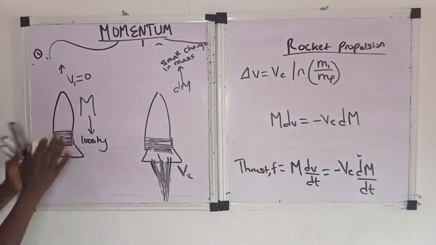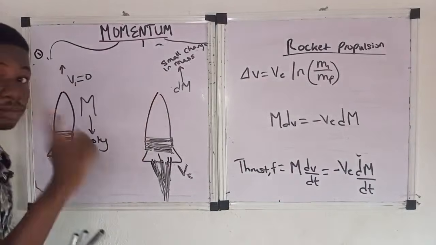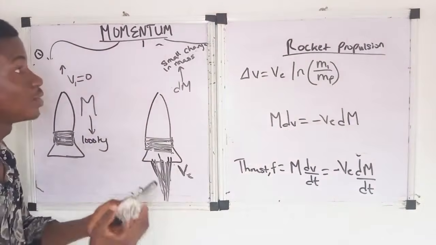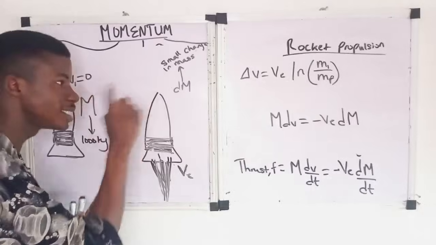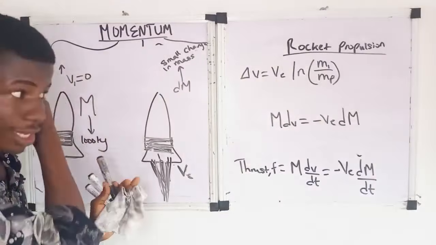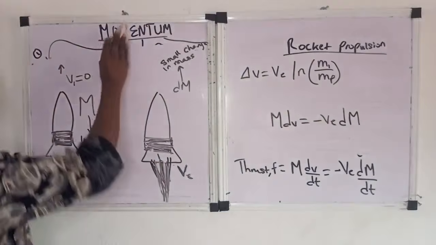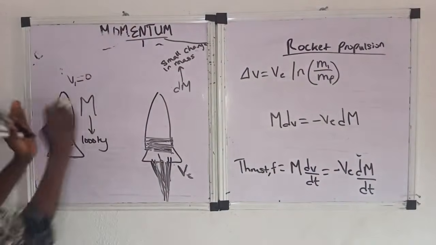This small change, dm, is a small change in mass of the rocket. Please take note, this part is very, very important.